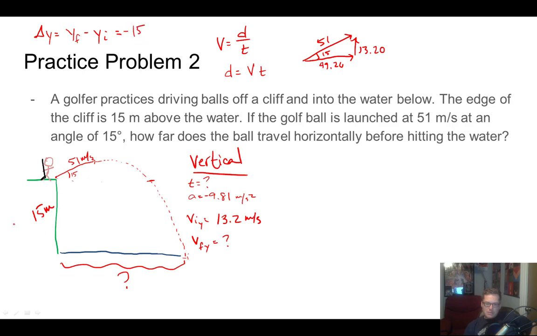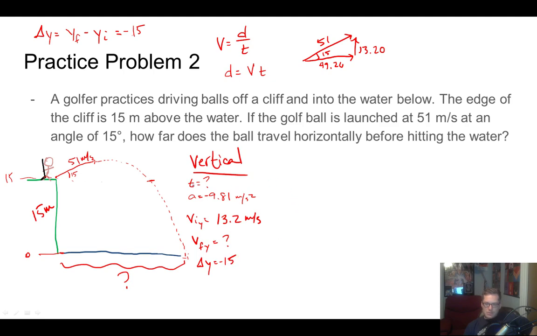If we stick this thing on a grid and say this is our 0 line, then this would have to be 15. So the change in y is 15, and we went from 15 to 0. That means our final is 0, and our yi is 15, so negative 15 overall. Okay, so that is our delta y. Well, that makes life a lot easier, right? Delta y equals negative 15.